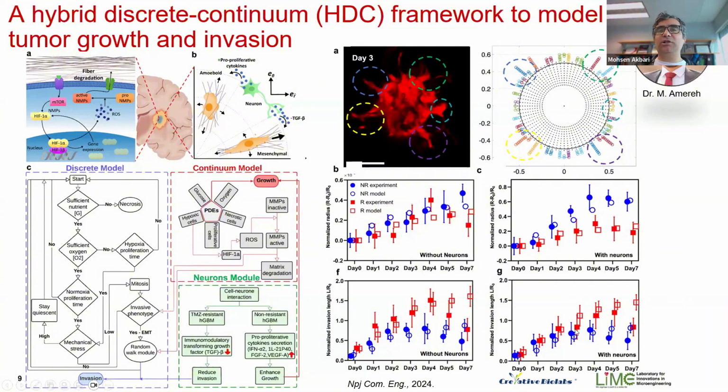And this proves that the presence of neurons can be crucial, specifically when you want to investigate tumor growth within the tumor microenvironment. These neurons are also critical for modulating immunotherapy response, and our model can be used to design synergistic treatments to overcome drug resistance by using different approaches.